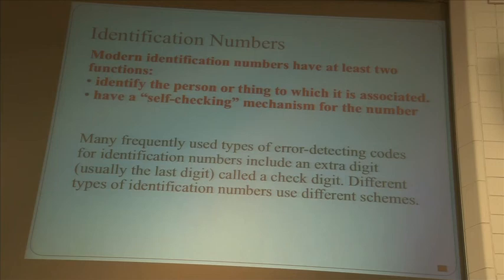That one box of cereal should have a self-checking mechanism for the number. We'll get into a little bit more detail about that later. Most used types of error detection codes include an extra digit at the very end. We call this a check digit.